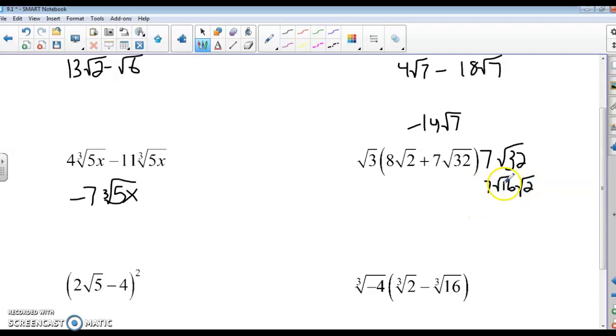And then the square root of 16 is 4. 7 times 4 is 28. So this becomes 28 root 2, 8 plus root 2, and then a square root of 3 in front.